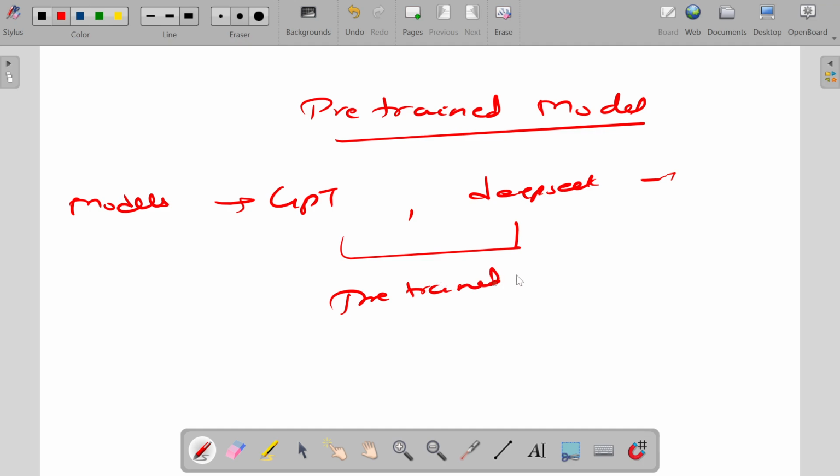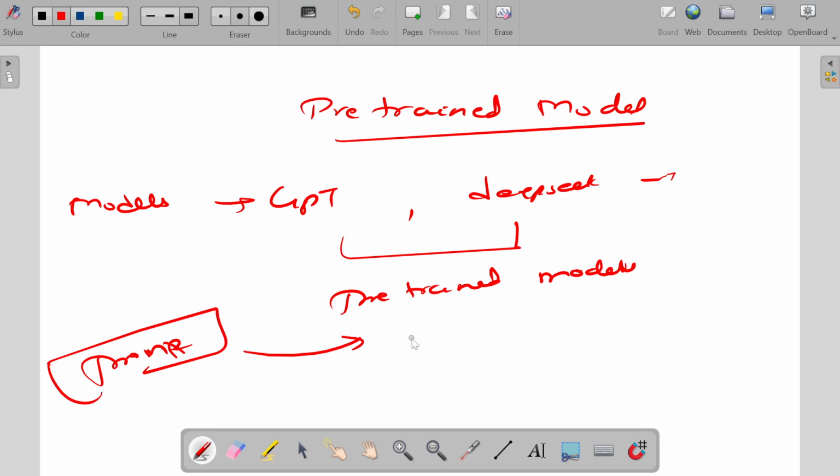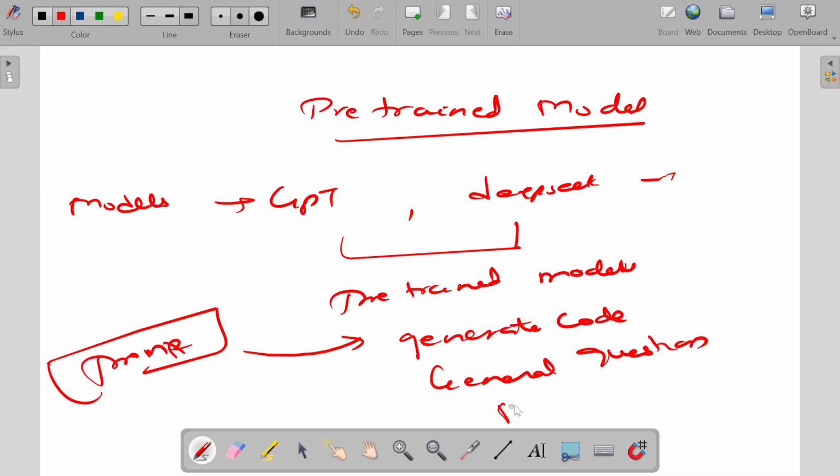Using these models, we give a prompt and we are able to do a lot of stuff. You can generate code, you can ask a general question, you can ask it to read and summarize documents.